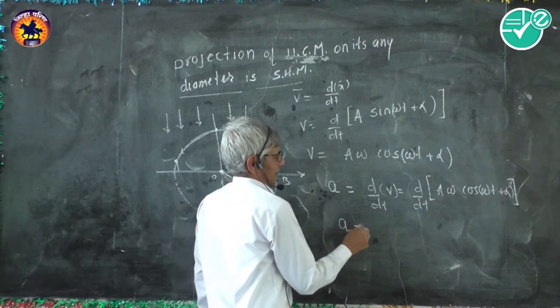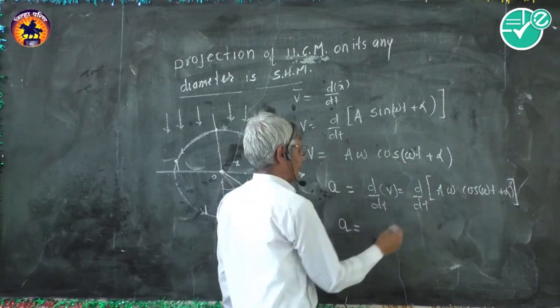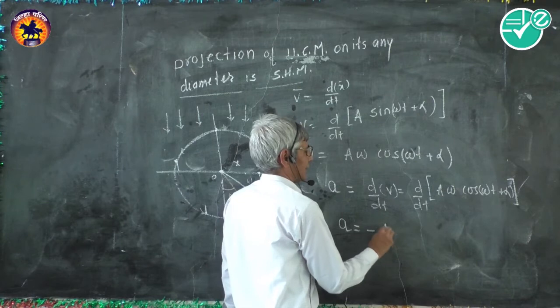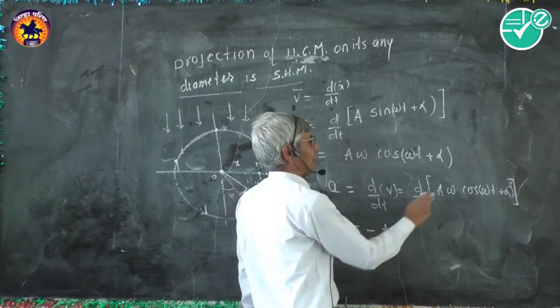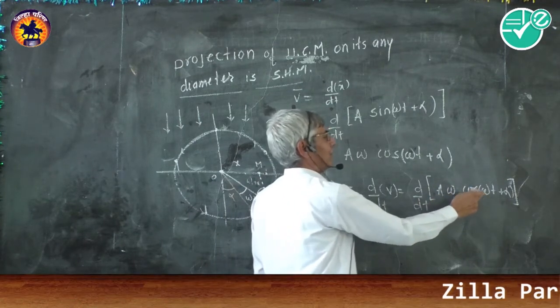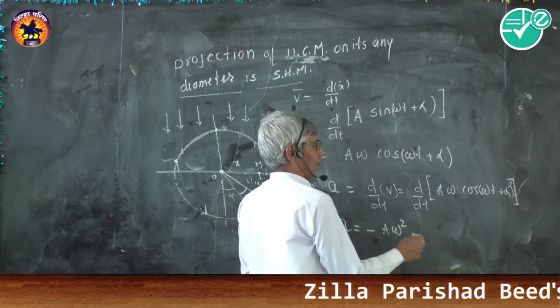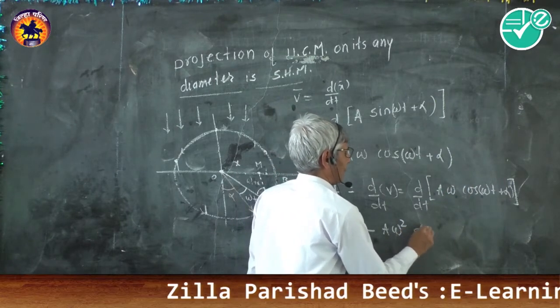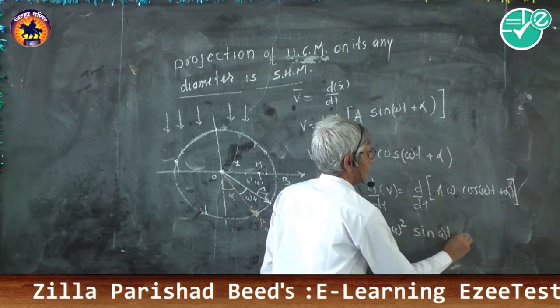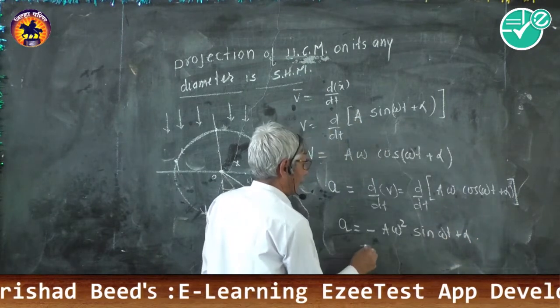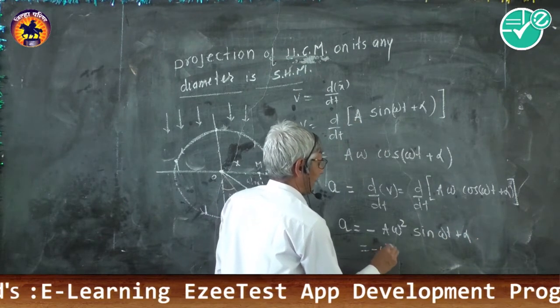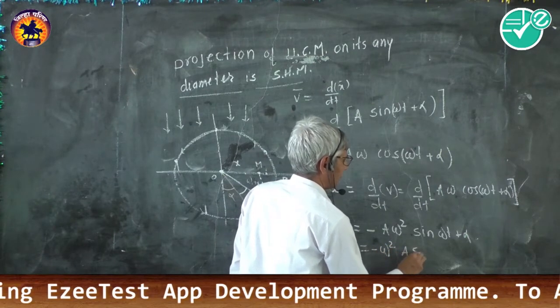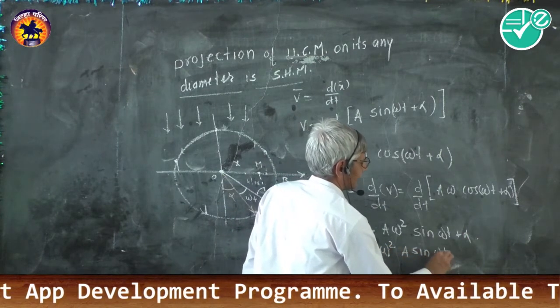After deriving this equation, we have a equal to minus A omega square, because A omega is constant, the derivative of cos(omega t plus alpha) is minus omega into sin(omega t plus alpha), or minus omega square into A sin(omega t plus alpha).